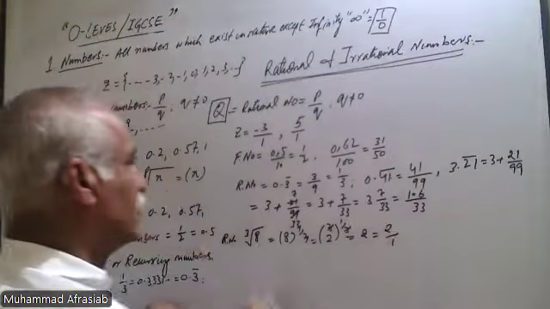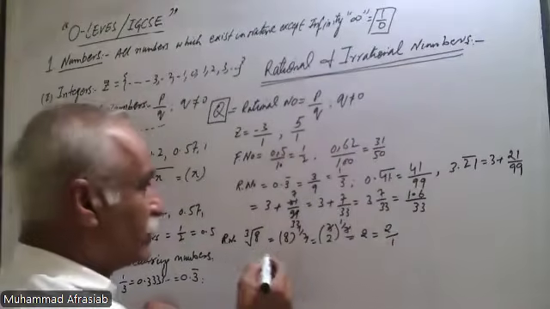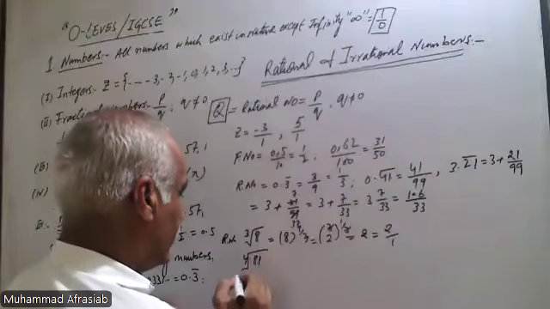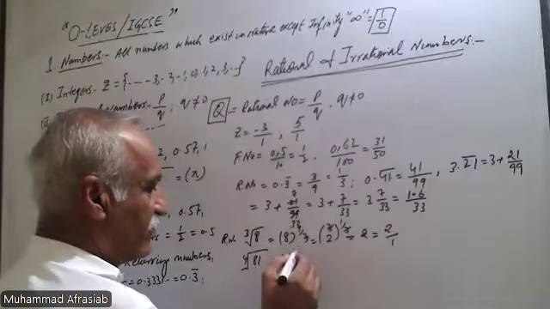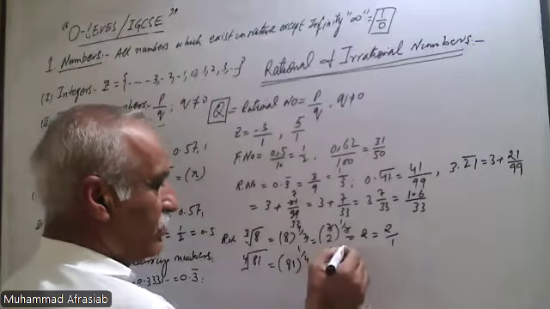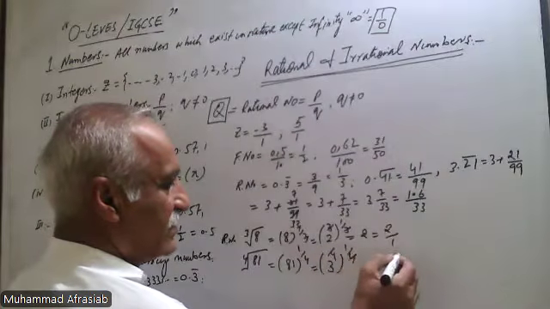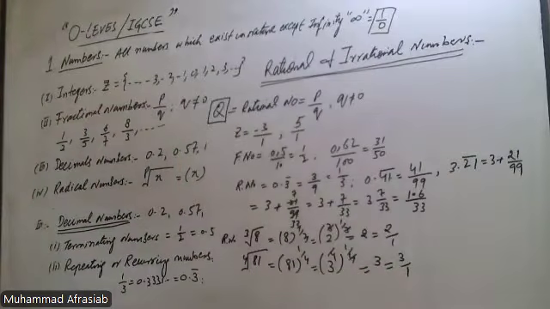So this is called a rational number. Suppose there is another number, 81, with the fourth root. It is written as 81 power 1 by 4, which equals 3 power 4 power 1 by 4, which equals 3, written as 3 over 1. So this is called a rational number.